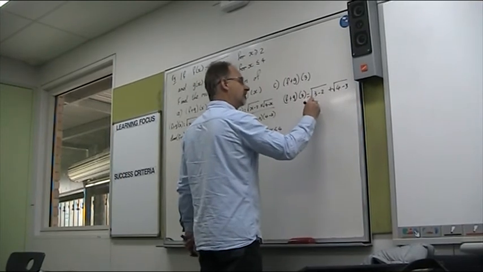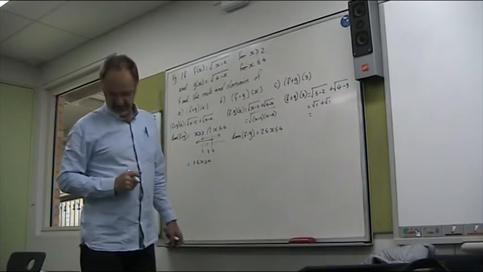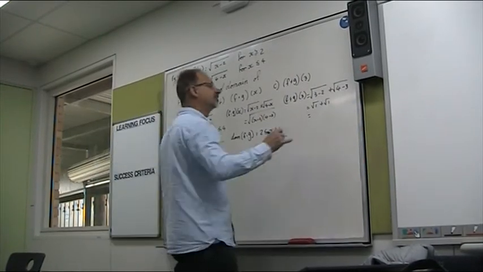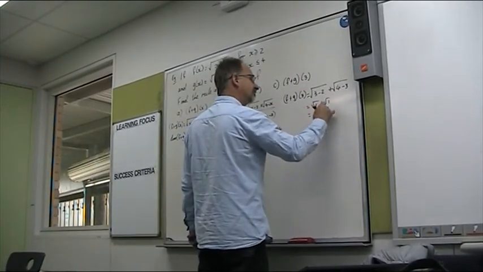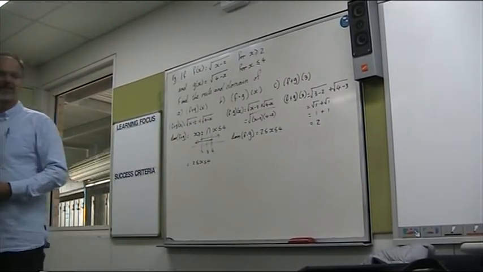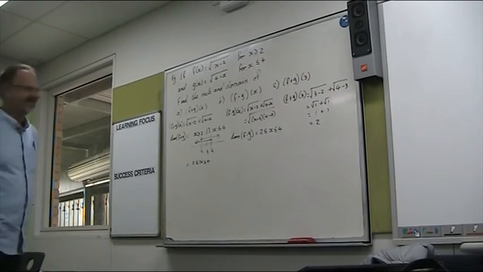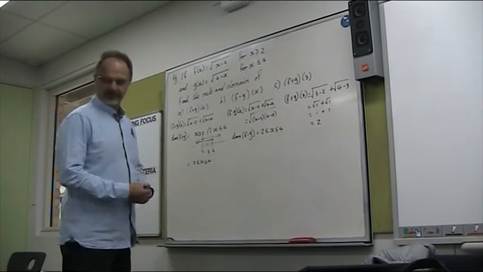So it's the square root of 1 plus the square root of 1. The square root of 1 is 1, so the answer is 2.